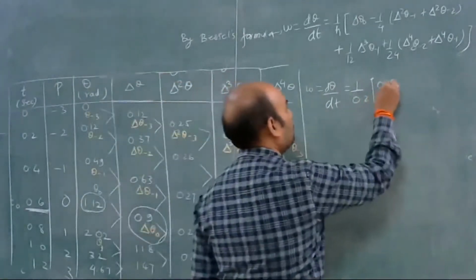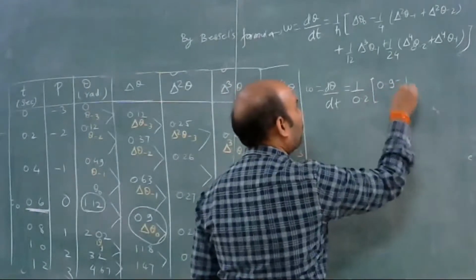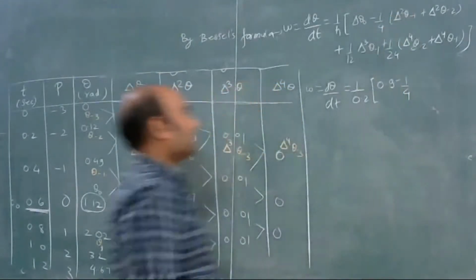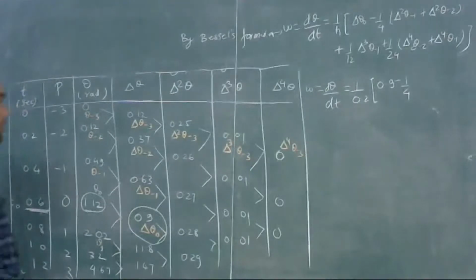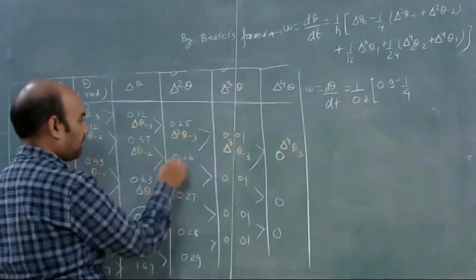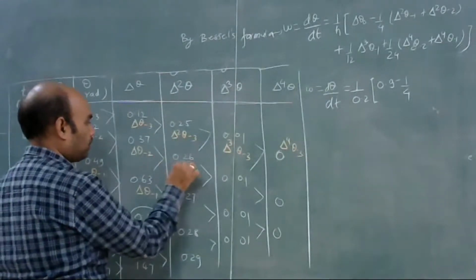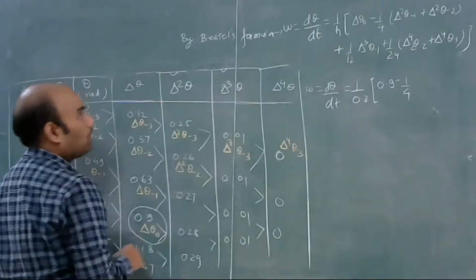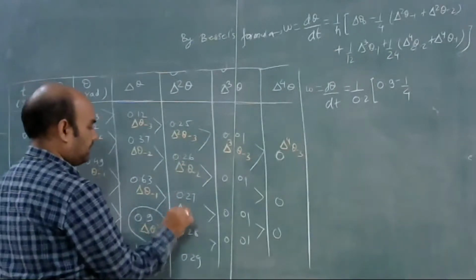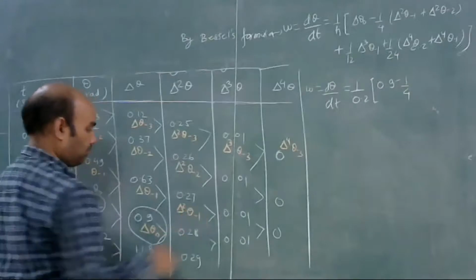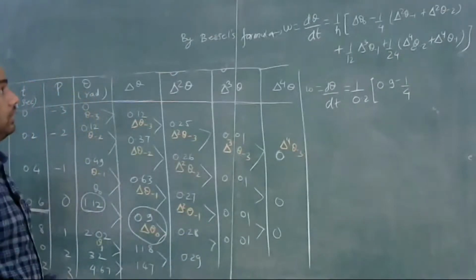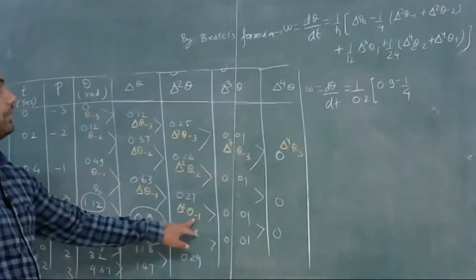Minus 1 upon 4 del square theta minus 1 plus del square theta minus 2. So what we need is del square minus 1.